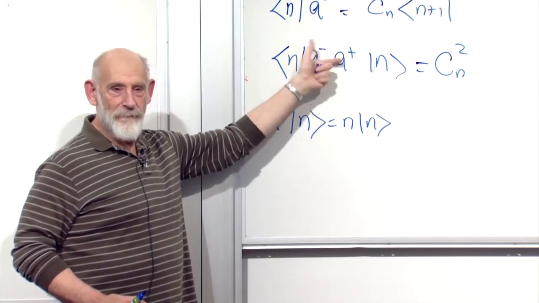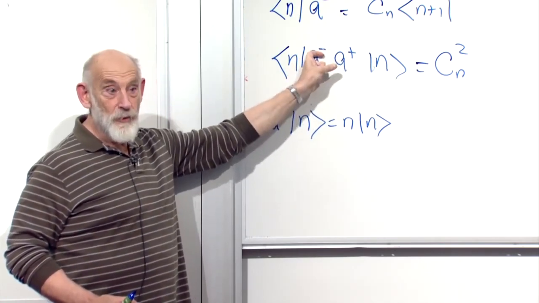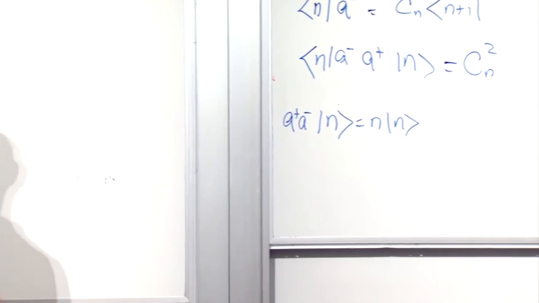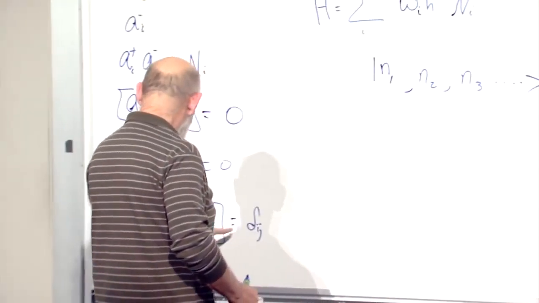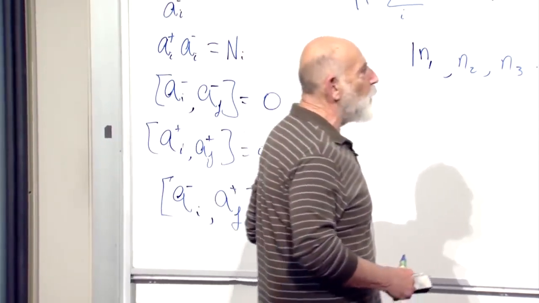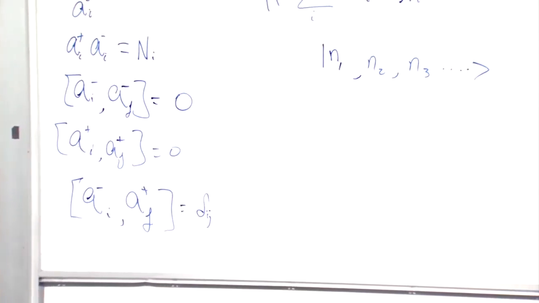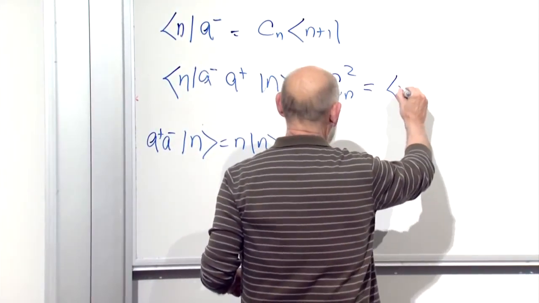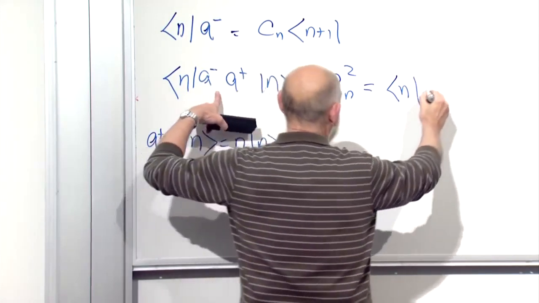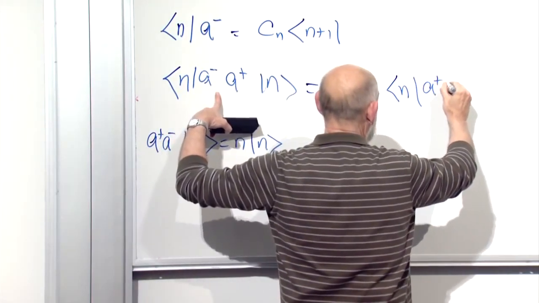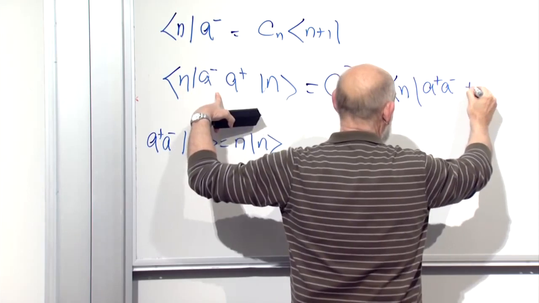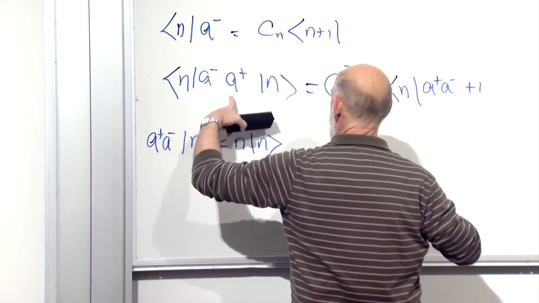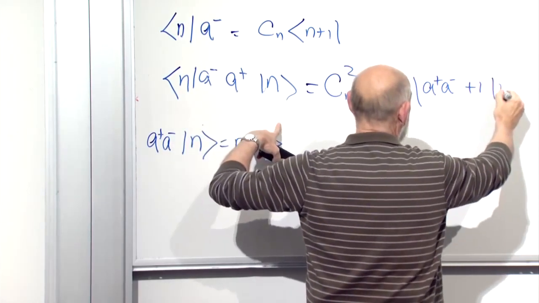What's that operation? Commute. And here is our commutator. The commutator is 1. So what that says is that this same thing is equal to n A plus A minus plus 1. That's the commutator term, n.